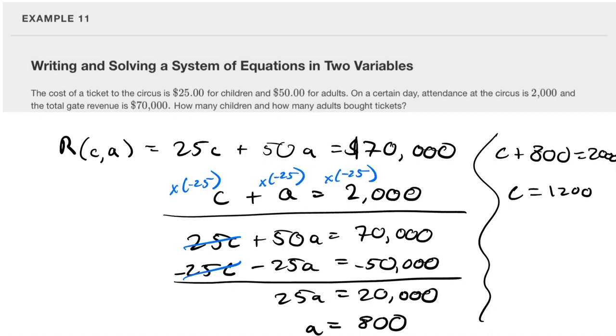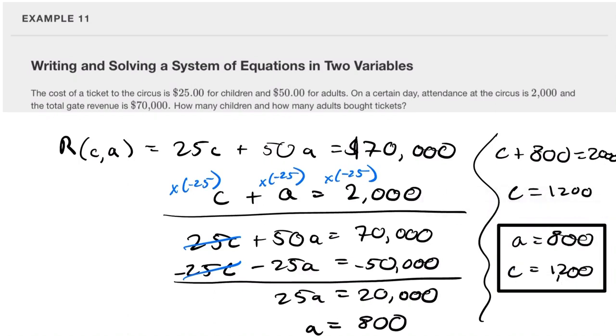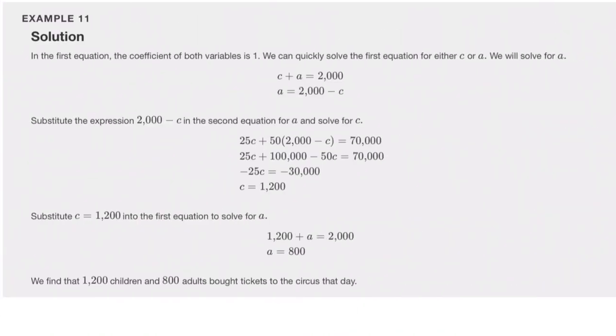So it looks like we had 800 adults and 1,200 children. And we should check this in the context of the original to make sure that it makes sense, but I'm just going to use my prepared notes. 800 adults and 1,200 children.